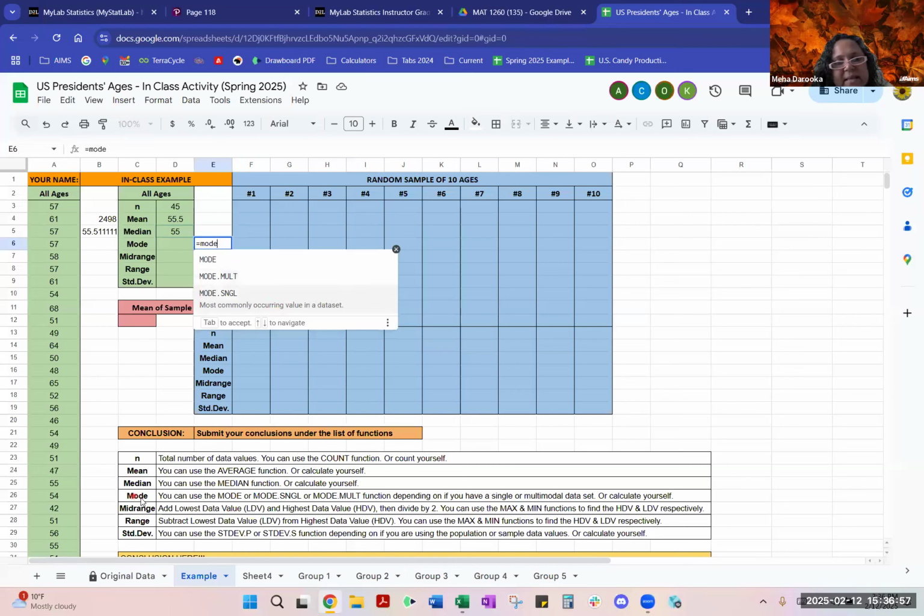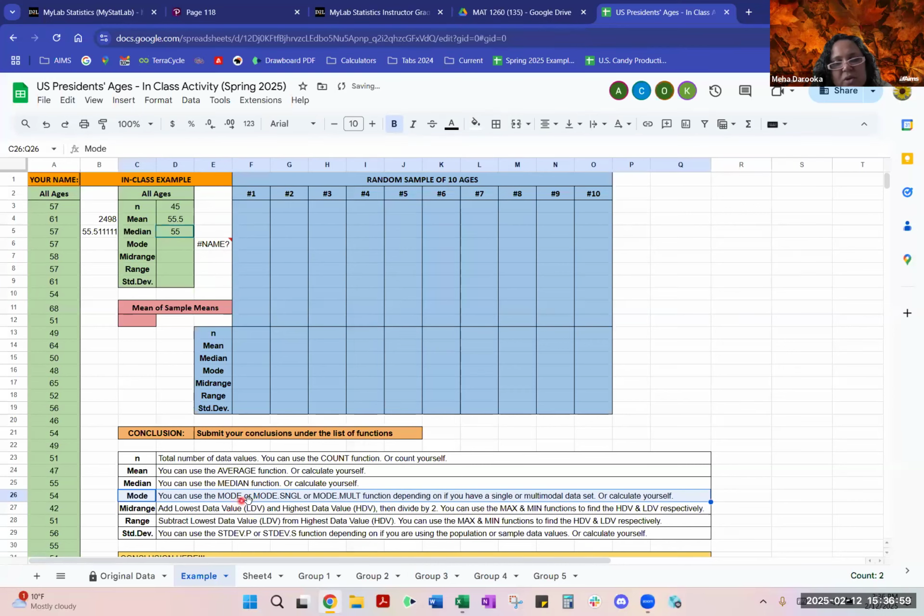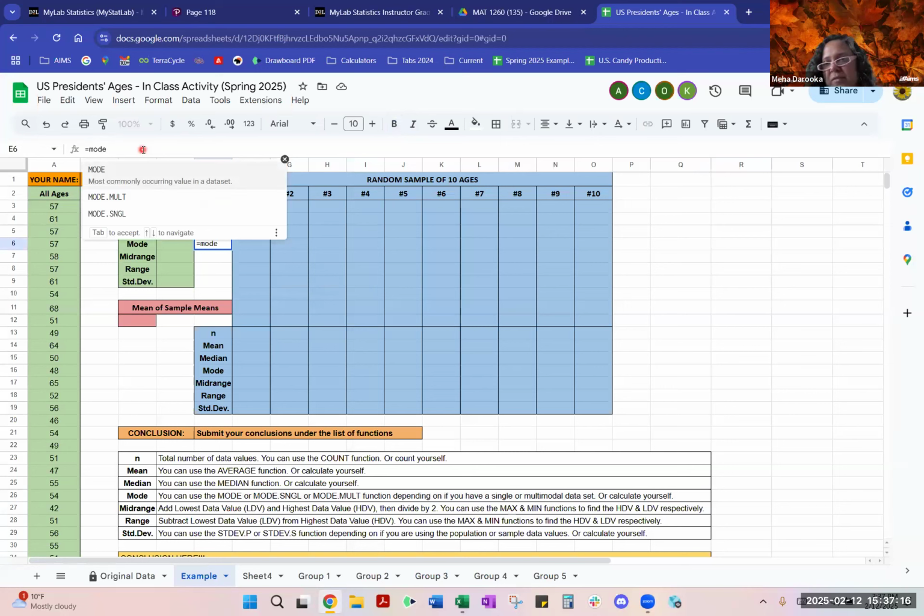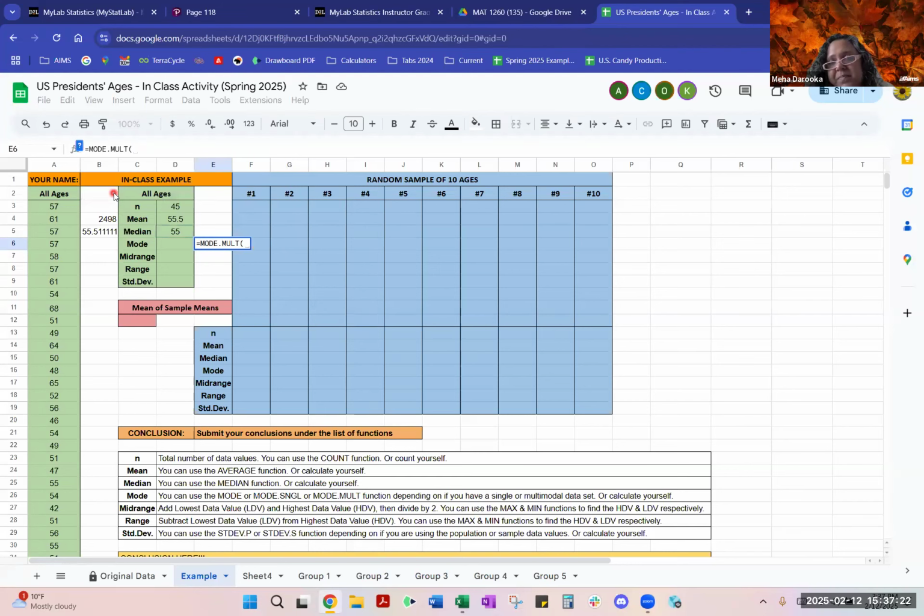You will see in the instructions over here, I have said you can use the mode function, mode dot single or mode dot multiple, depending on if you have a single or a multiple mode. By default, because I don't know if my set has one mode or more, I always use mode dot multiple.